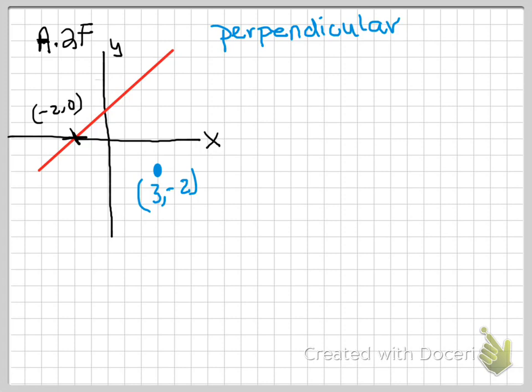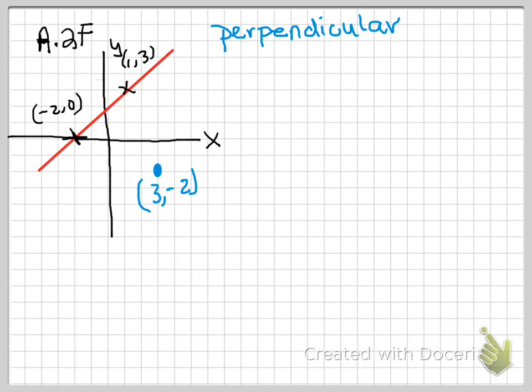There are not very many good points here, so we'll pick a point here, just to say it is, 1 over and up 3, so that would be 1, 3.